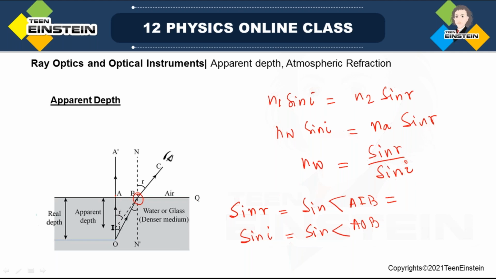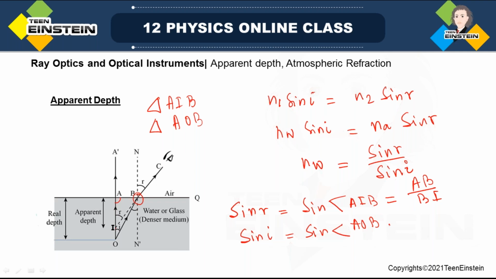Suppose AIB triangle, this triangle, and these are actually right angle triangles. You can see from here this is a 90-degree angle, and I can take another triangle AOB. So from these two triangles I can write, see, sine of AIB as AB over BI.